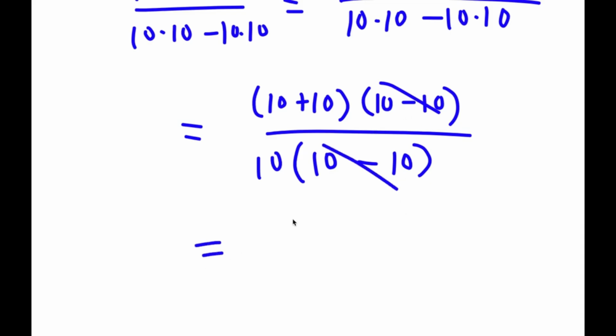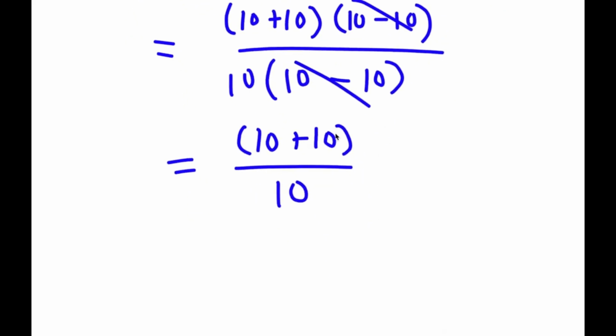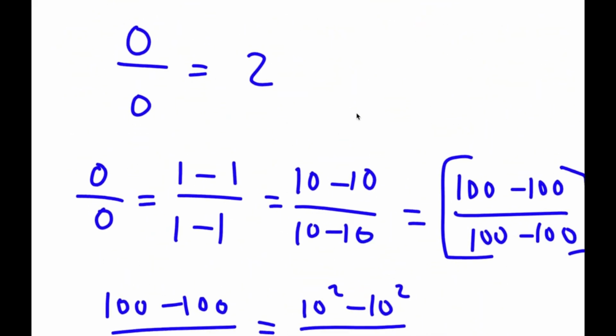So now I'm going to be left with 10 plus 10 over 10. Now 10 plus 10, that's the same thing as 20, so I have 20 over 10, and 20 divided by 10 is simply 2. So, as you can see, I just proved that 0 divided by 0 is equal to 2.